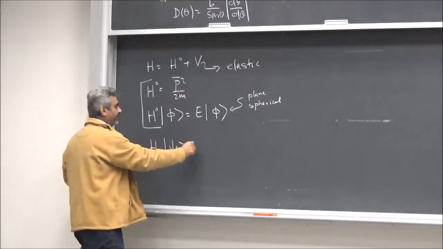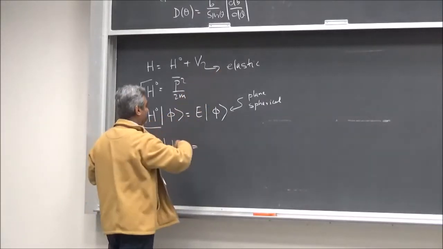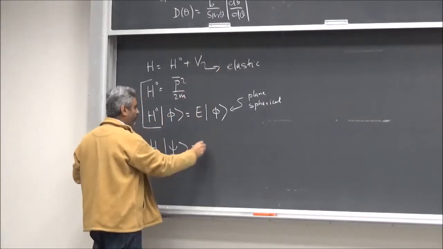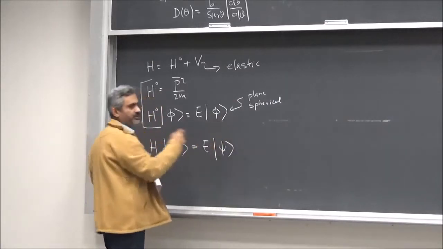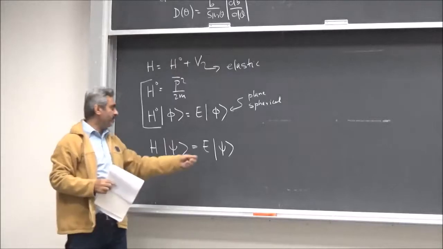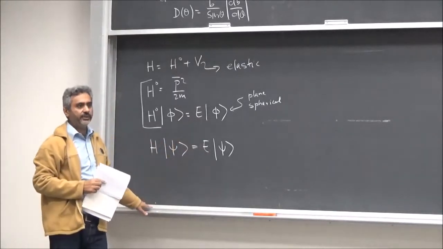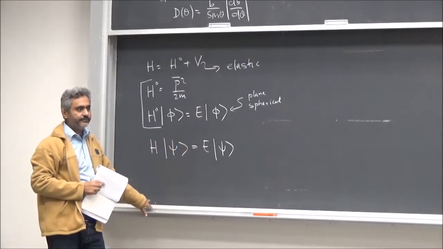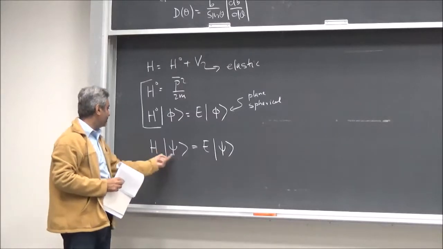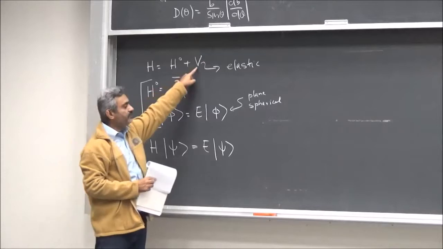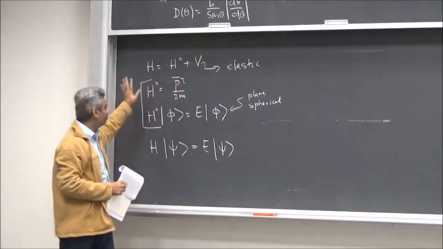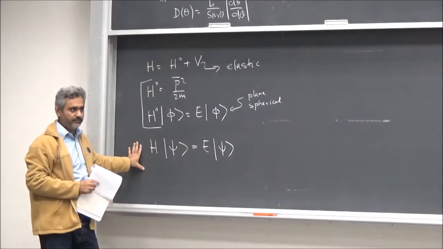What we're saying is that if the scattering is elastic, then you're looking for the solution with the same energy. Now the state might not be the same, but the energy has to be the same. That's what we're saying. And remember, these are eigenstates of H, these are eigenstates of H naught. And if V is small, we can do a perturbative picture. That's what we'll do later.